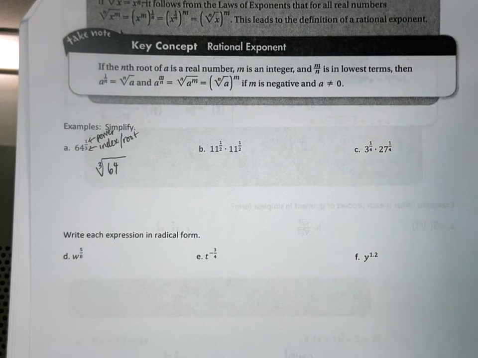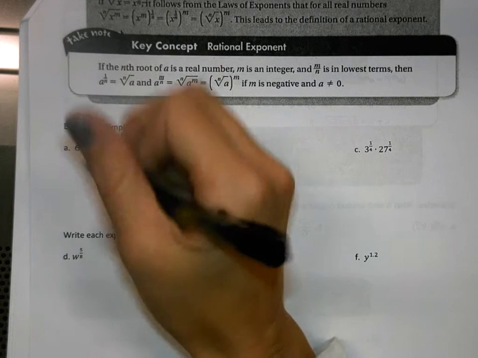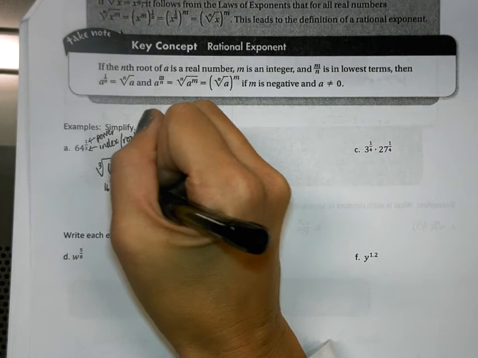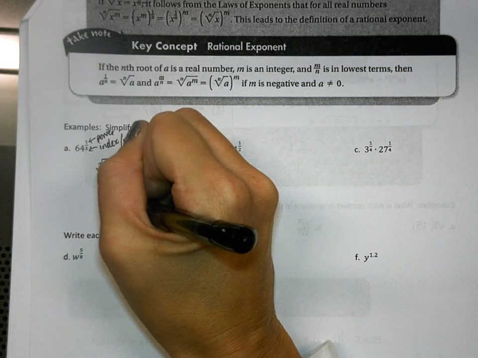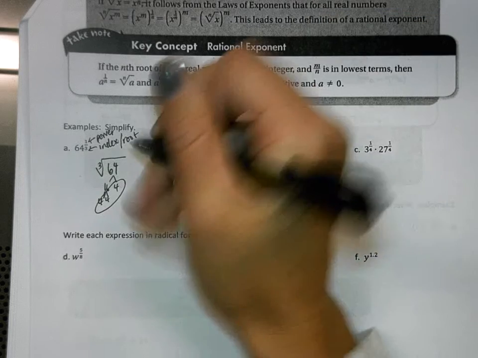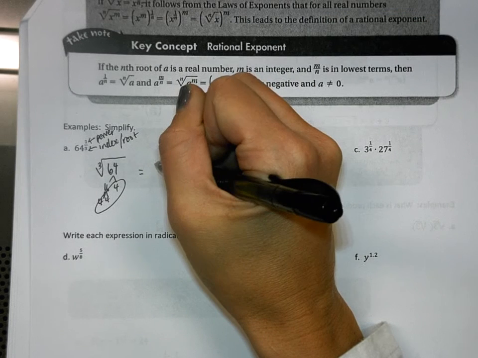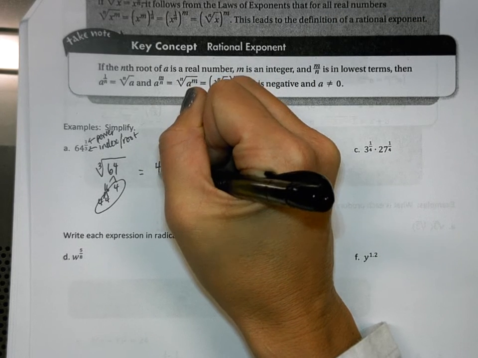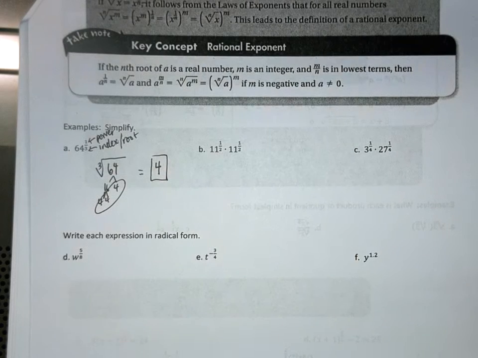We don't have to write 64 to the first power. And then we can simplify from this point. So can 64 break down? 64 breaks down to 16 and 4, and 16 is 4 and 4. So my answer ends up being 4, because there's 3 fours.